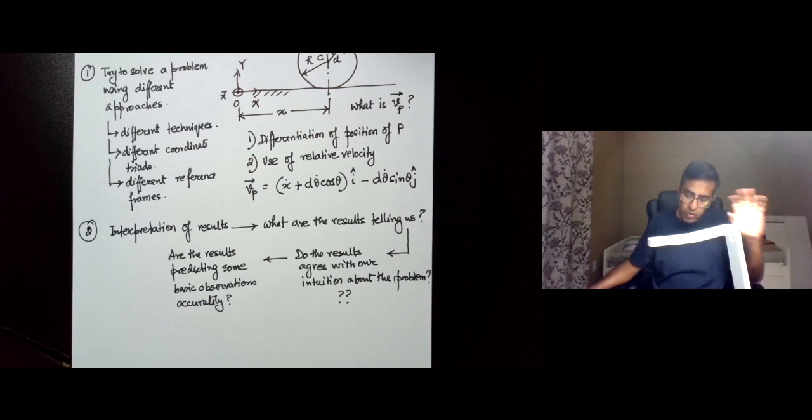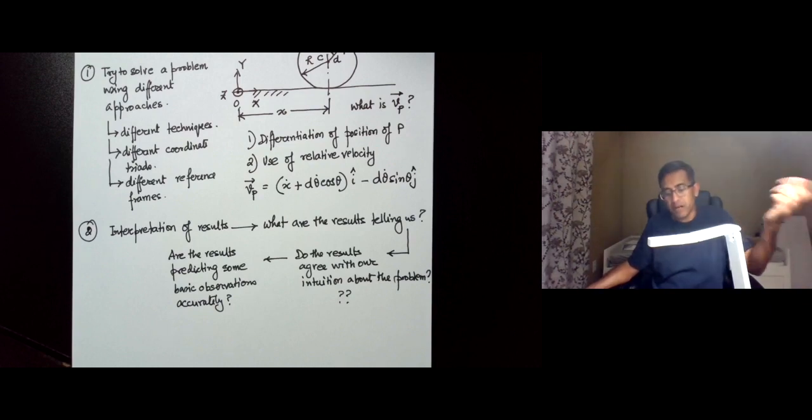So for those very simple fundamental results, you can try to see if those basic observations are being predicted by the results. So are your results predicting those very basic observations correctly?